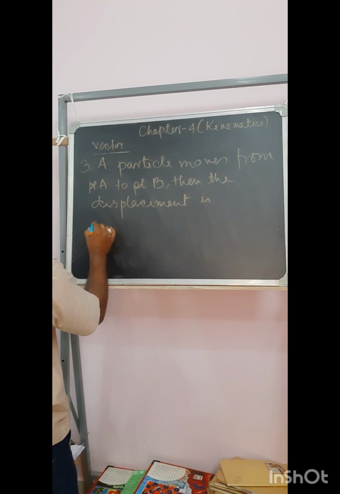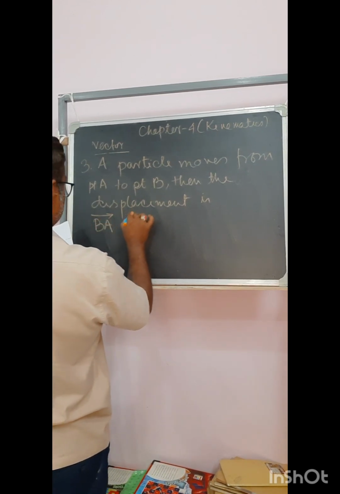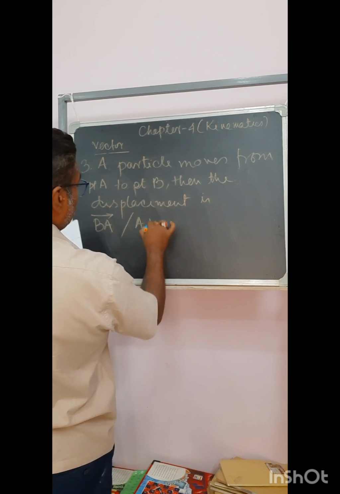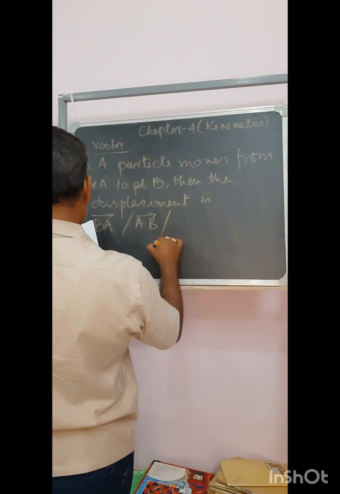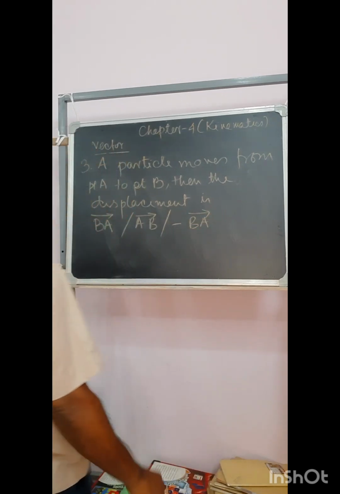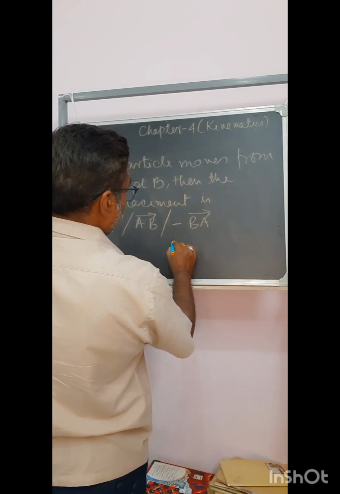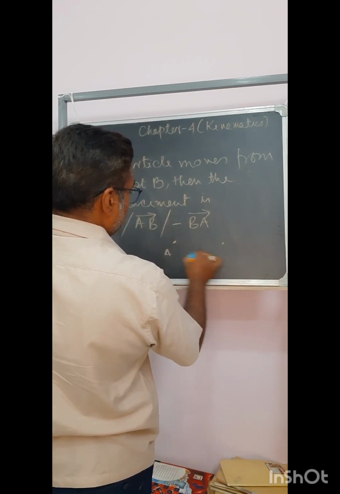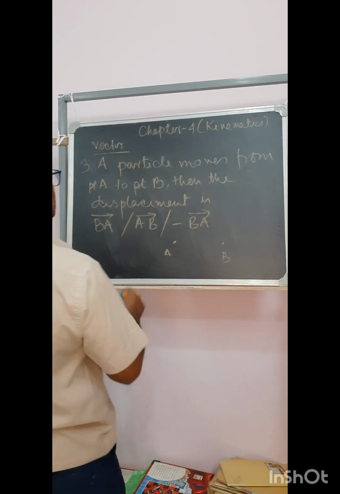There are choices: BA bar, AB bar, minus BA bar.